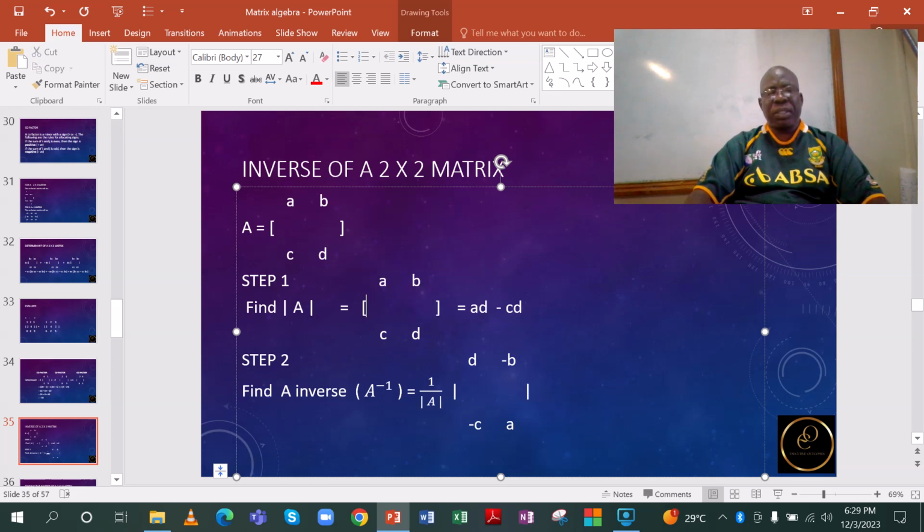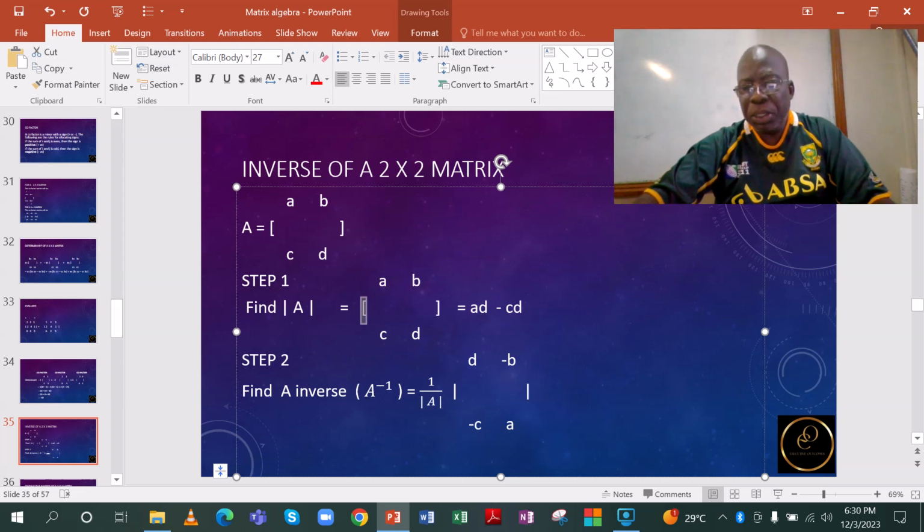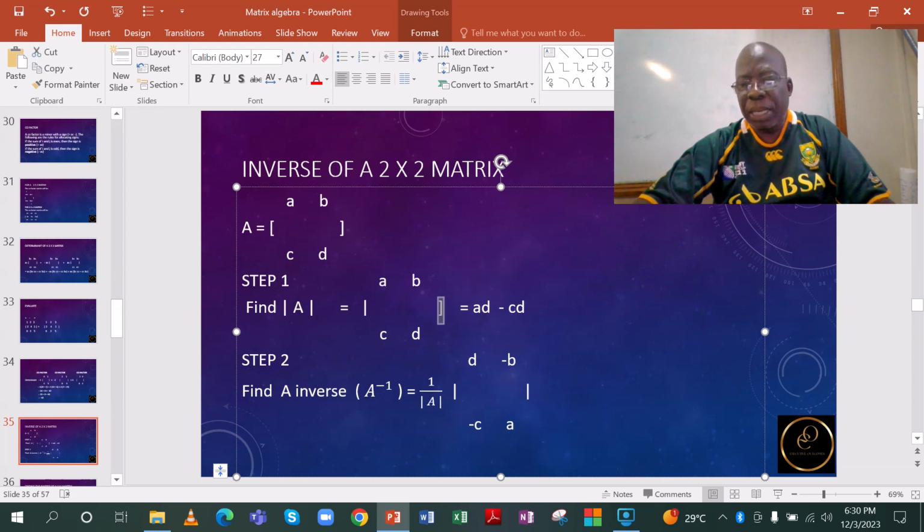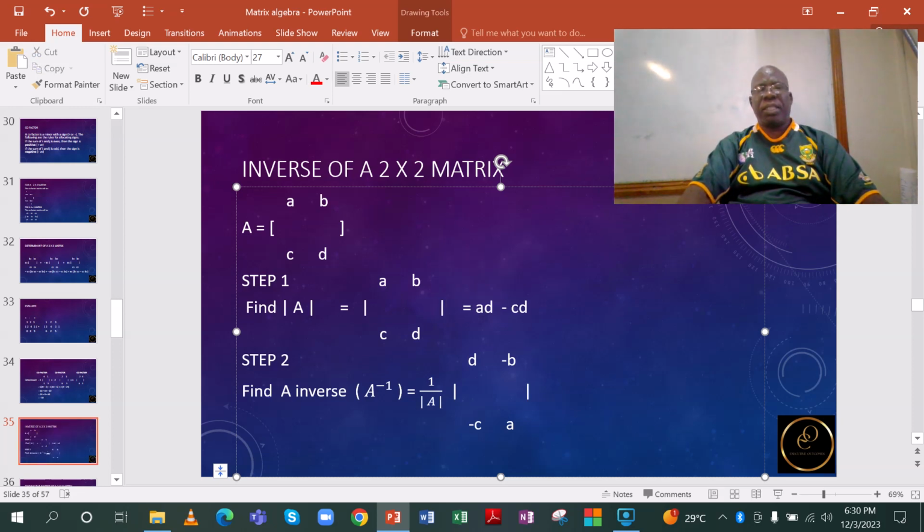Let me just start by looking at this one. The symbol for a determinant is a straight parallel line. Okay, that's what we get as a symbol for a determinant. Then we get the determinant to be A times D minus C times B. That's the determinant of this matrix.